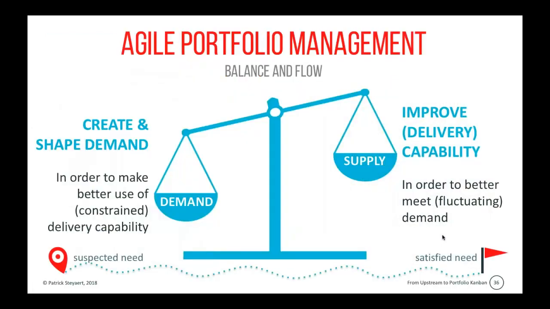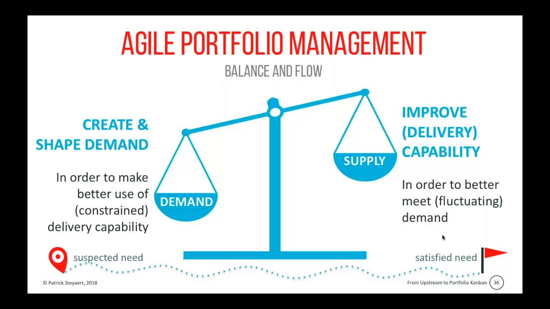So when we're talking about flow balance in Agile portfolio management, on the capability side, we need to improve our delivery capability in order to better meet demand.